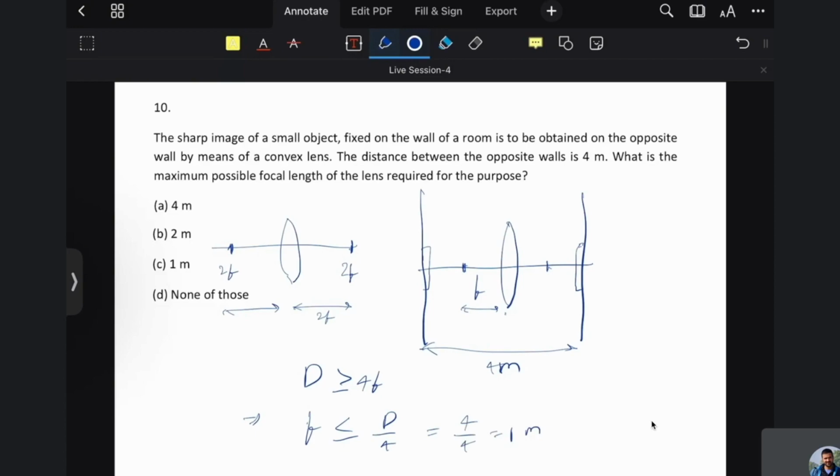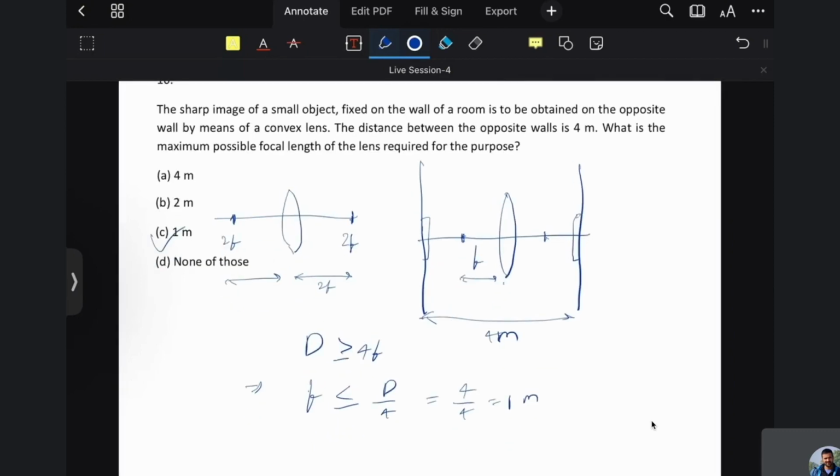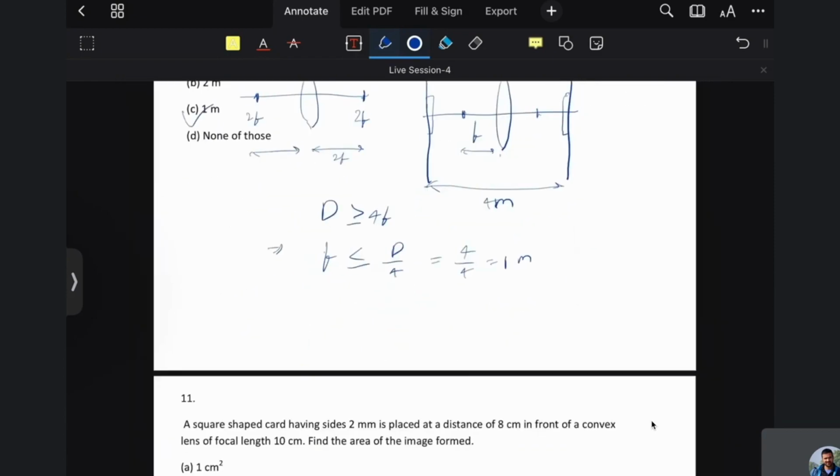So the focal length should be just 1 meter, the maximum possible focal length. Is it fine, or do you have some question here? Sandeep, is it fine? Yes, sir, fine, sir. Okay, thank you. So now the next problem.